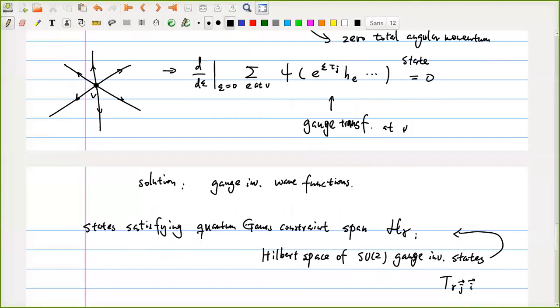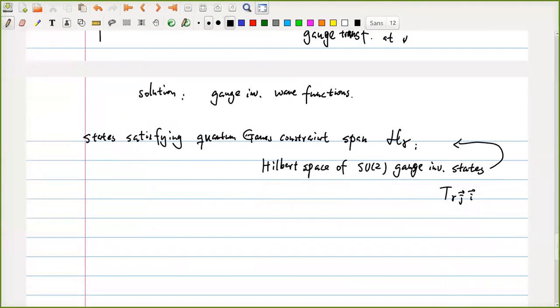Now we have finished the Gauss constraint, which is very easy. Now let's come to the other constraints. The rest are the quantum Hamiltonian constraint and the quantum diffeomorphism constraint.